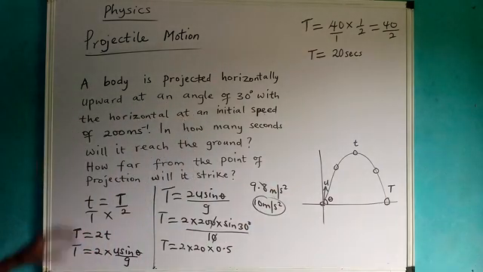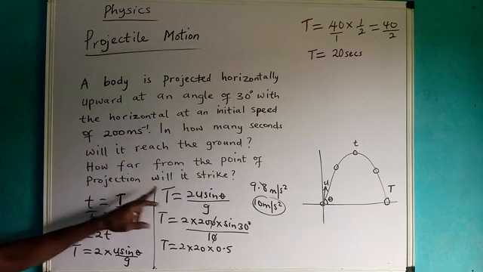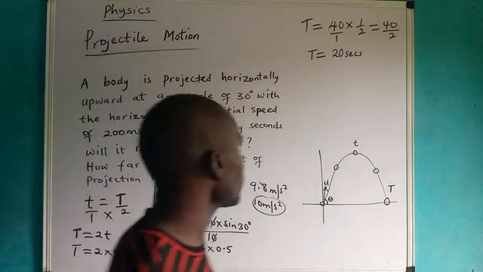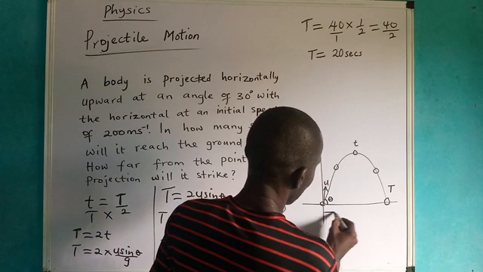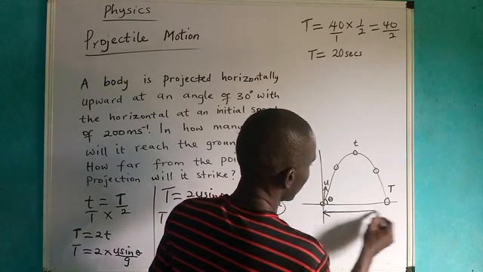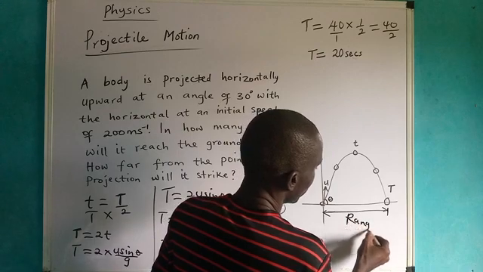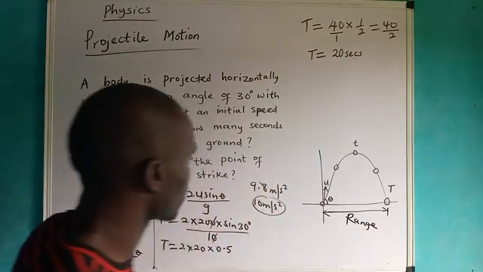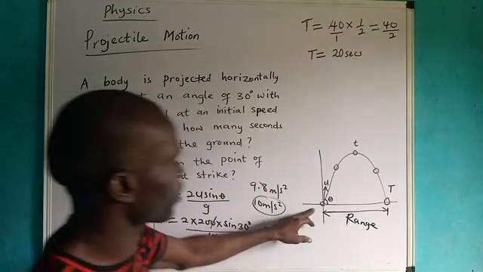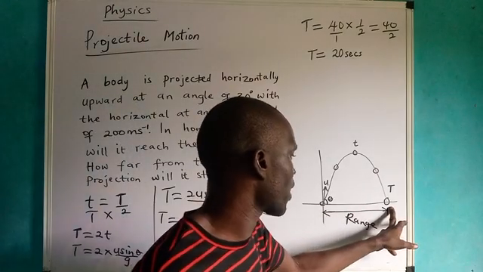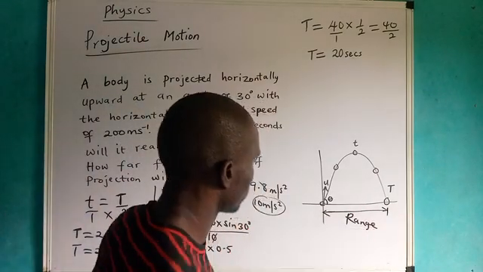Now they are asking again, how far from the point of projection will it strike? It simply means range. The distance from the point of projection to the point where the body will strike becomes the range.